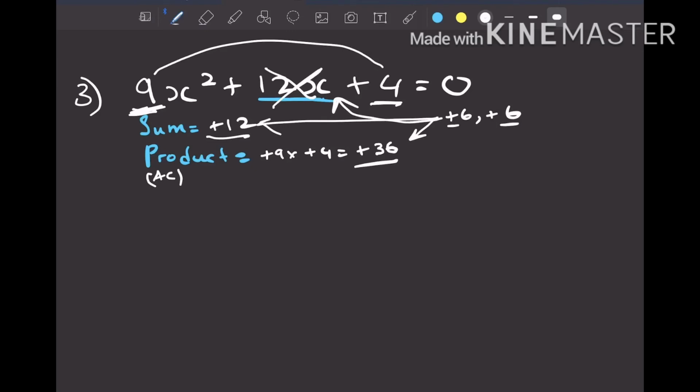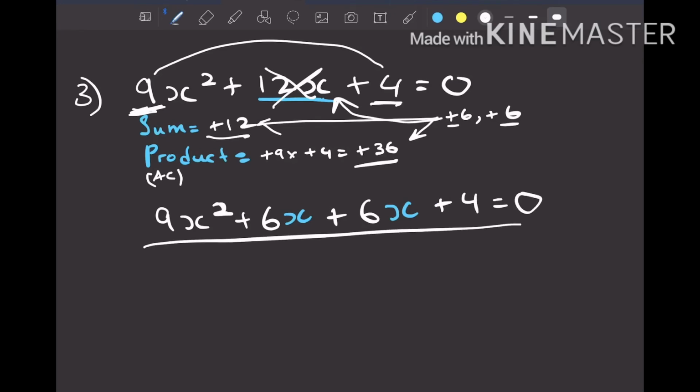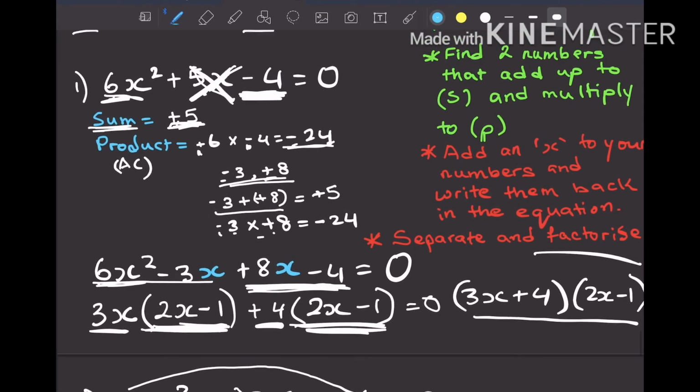So let's write it. 9x squared, you have to write this the same, plus 6x plus 6x, even if they're the same, you still have to write both, plus 4 equals 0. So we've written them back into the equation by adding an x to both of them. So we're then done with that step as well.